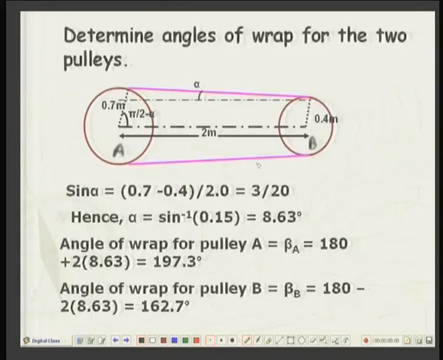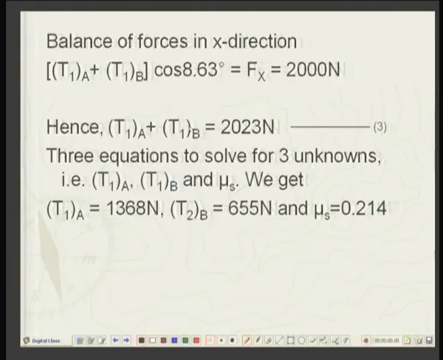Just to show you, let us say this is T1A, this is T2A. So we will take the horizontal components. Adding up the two, we will get T1A plus T1B is equal to 2023 newtons.